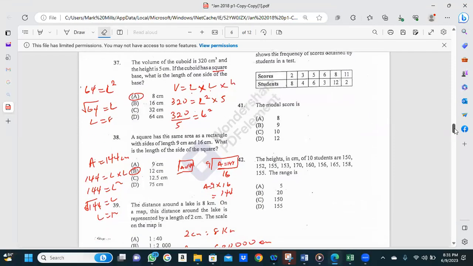41. They want to find the modal score. How do I find the modal score here?